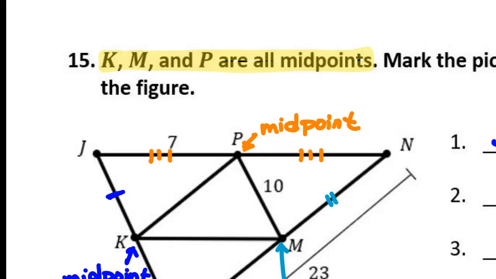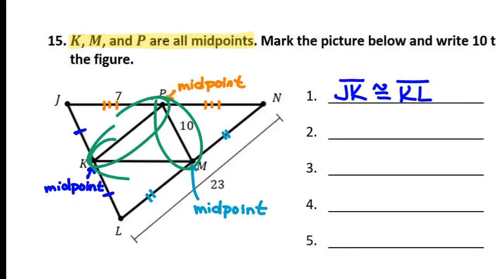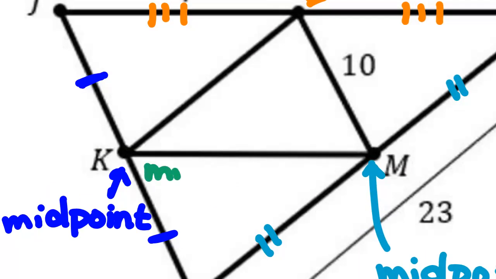What would we call these segments in here that are joining the midpoints? What do we call segments that join midpoints? I can't call it a midpoint because it's not a point. Mid-segment. So all 3 of those are mid-segments.